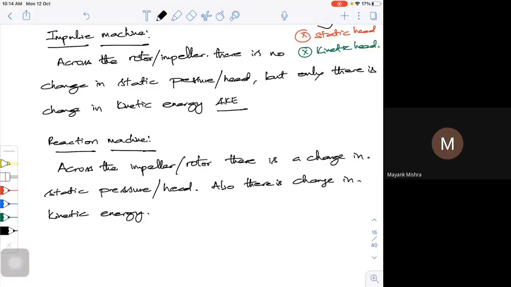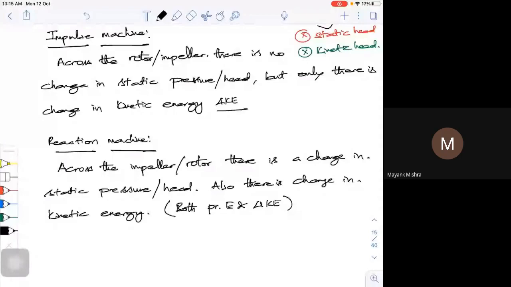But in case of a reaction machine, there is static as well as kinetic, both combined together, and both will lead to this kind of machine.